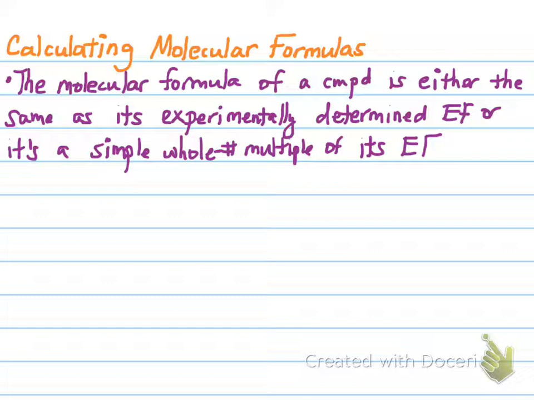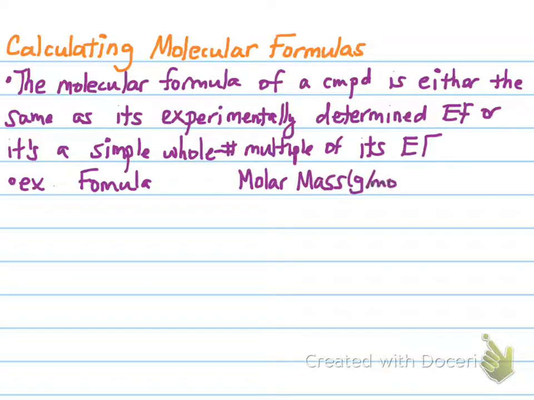So to give you an example of this, I'm going to have a formula. I want you to calculate the molar mass. Remember, you don't have to show work for molar mass, but this is going to be in grams per mole.